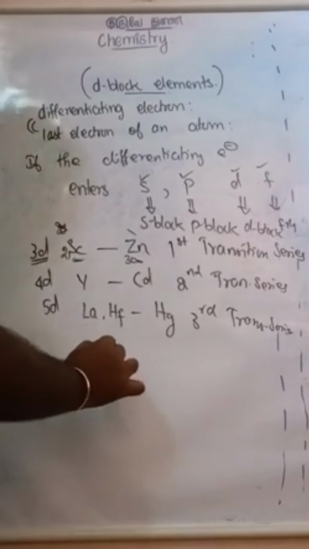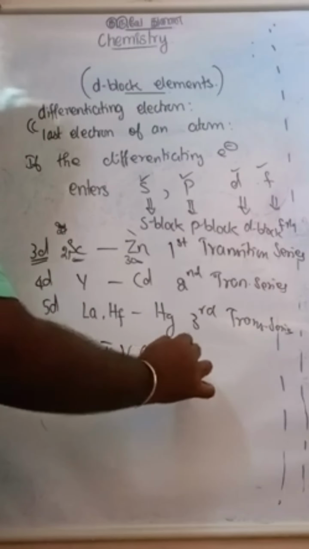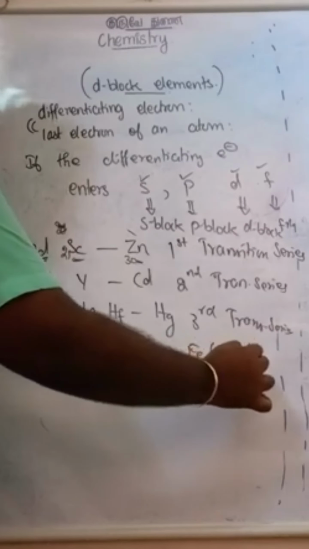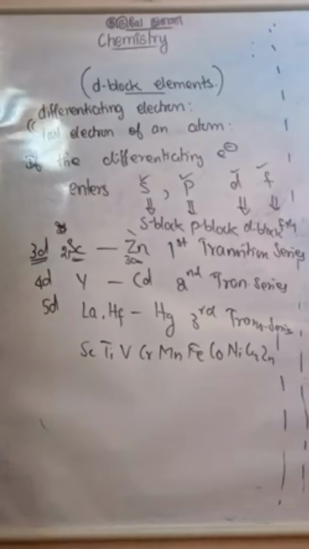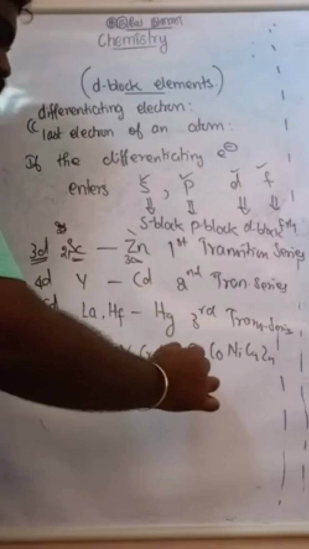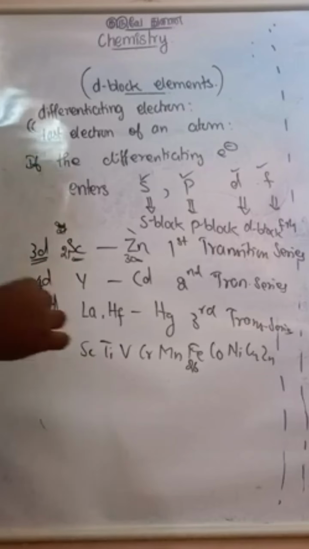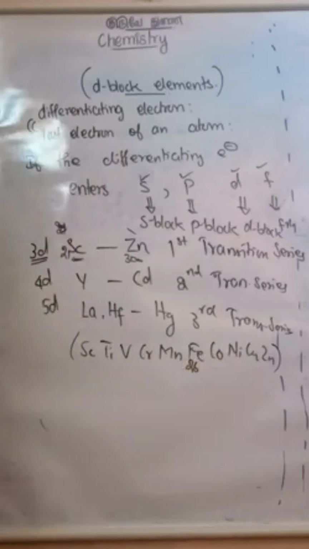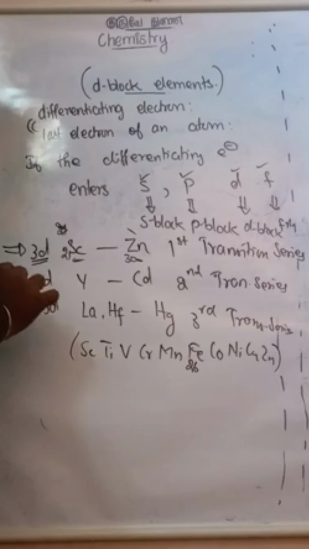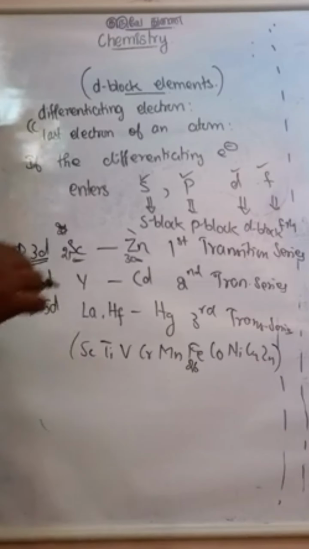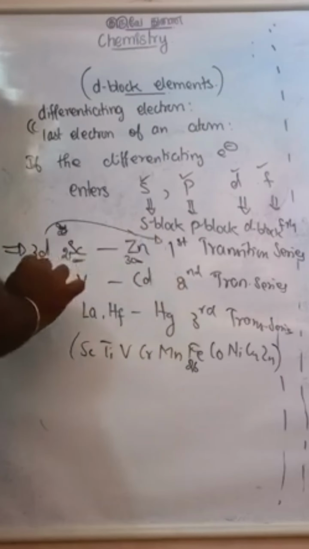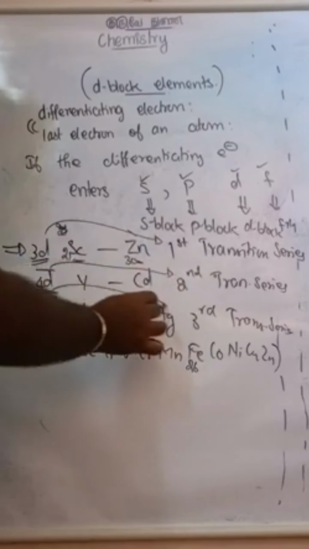So scandium, titanium, vanadium, chromium, manganese, iron, cobalt, nickel, copper, zinc: for iron, with 26 electrons, the 26th electron is the differentiating electron, and it enters the 3d subshell. For all these elements, the d subshell is gradually getting filled. That's why these elements are in the 3d series. Same case for 4d and 5d.